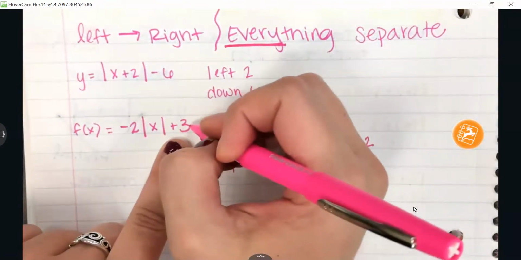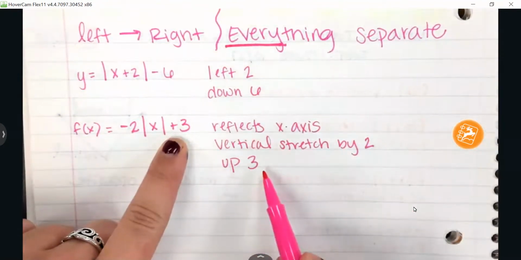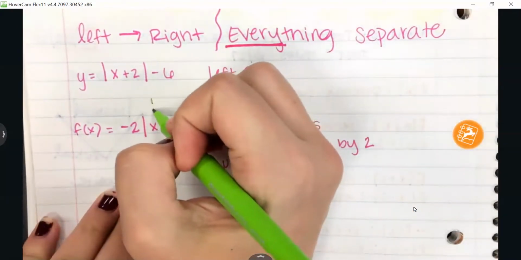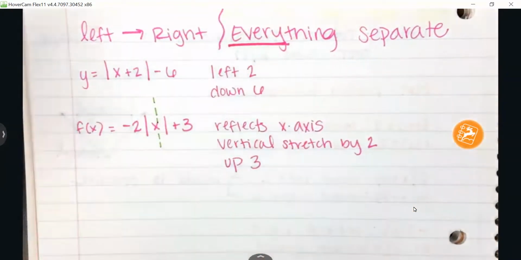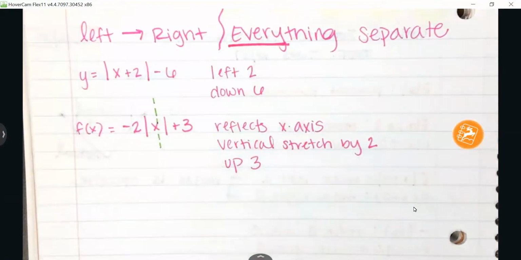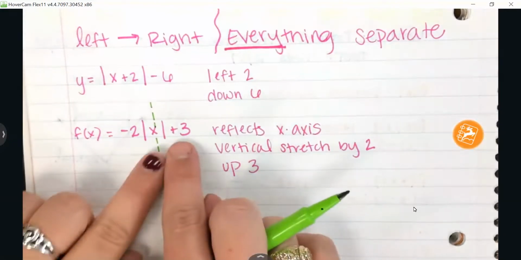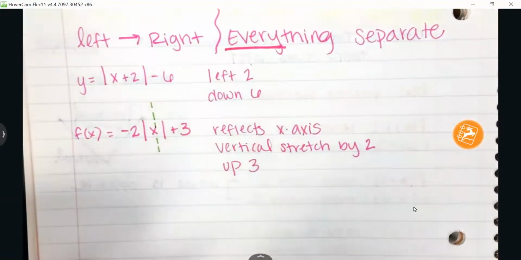That +3 told me it moved up 3. Everything before the x means it's doing a stretch, a compress, or a reflection. Everything after the x is a movement. That is telling me it's moving up 3.